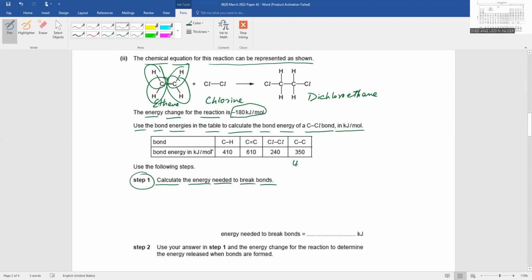So you will multiply 4 by the C-H bond energy, which is given as 410, plus C double bond C, given as 610, plus Cl-Cl bond, also given as 240. What we will get is 2490.